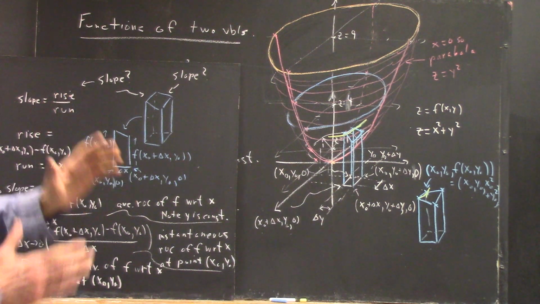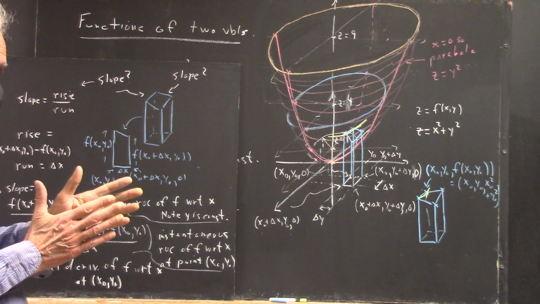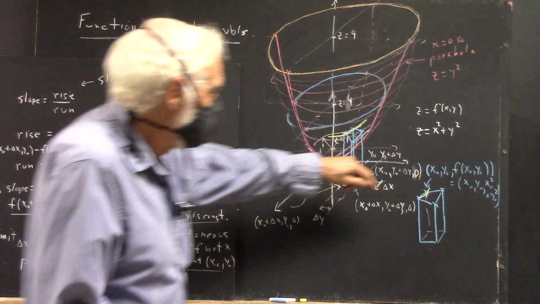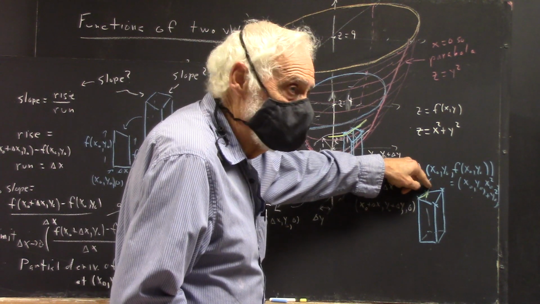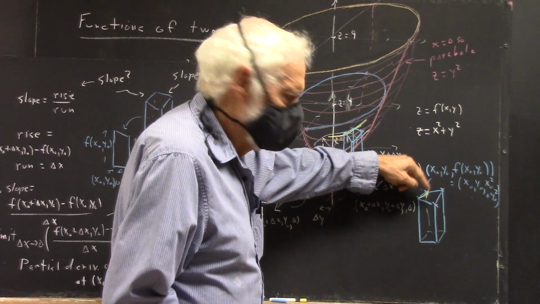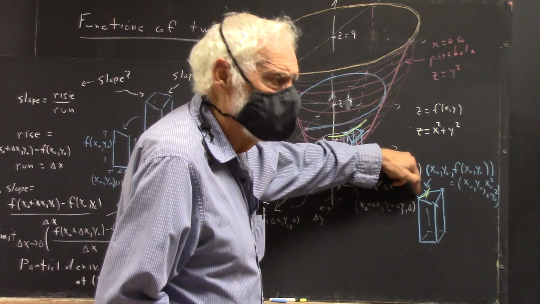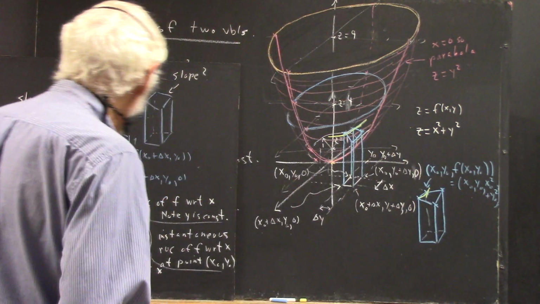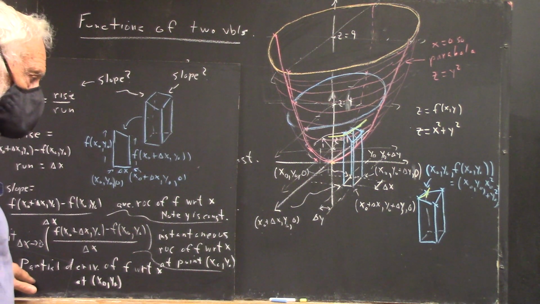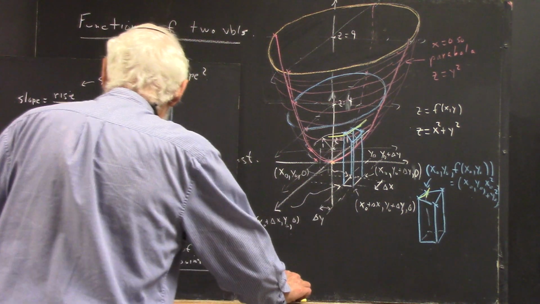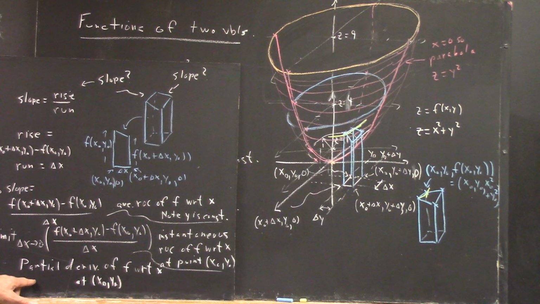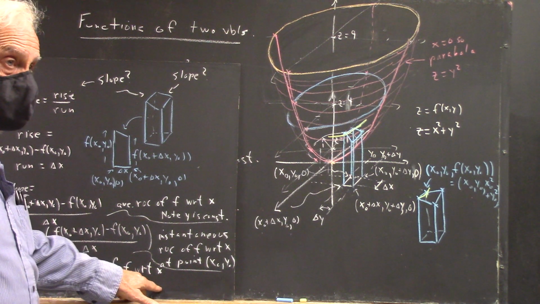But as delta x approaches 0, the slope of the line segment approaches the slope of the tangent line. Okay. So we call this a partial derivative with respect to x.